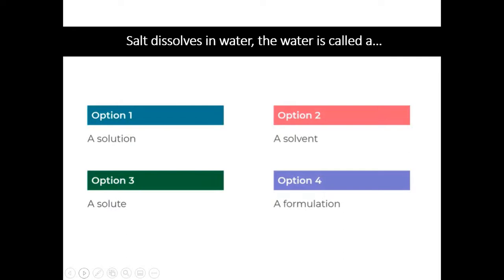Salt dissolves in water. The water is called, is it a solution, a solvent, a solute, or a formulation? Pause the screen, write that down in your book. Salt dissolves in water. The water is called a solvent. So the salt was our solute, the water is our solvent.